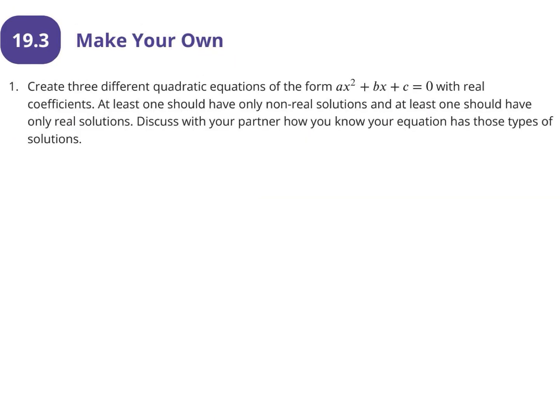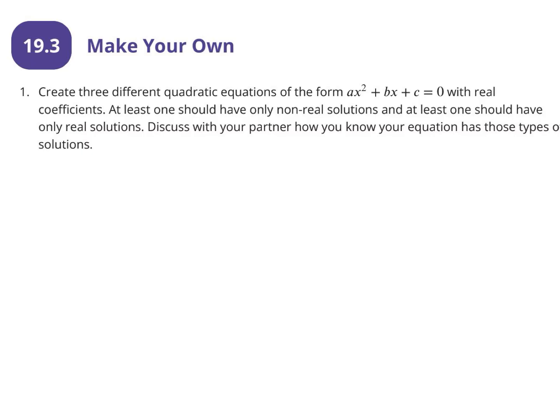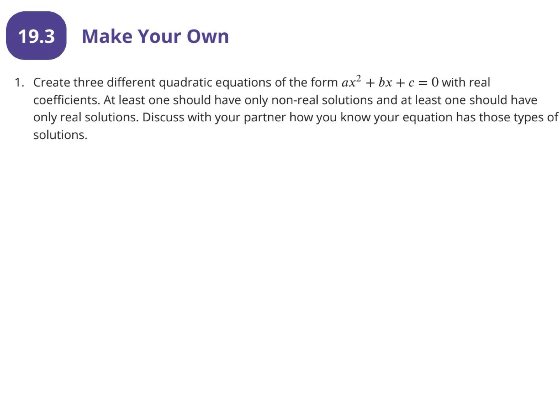Okay, here, make your own equations. Create three different quadratic equations in the form of ax squared plus bx plus c equals 0 with real coefficients. So if we take, let's see, what do we know? Let's take a perfect square problem. Like, I don't know, for a, x squared plus 4x plus 4 equals 0.